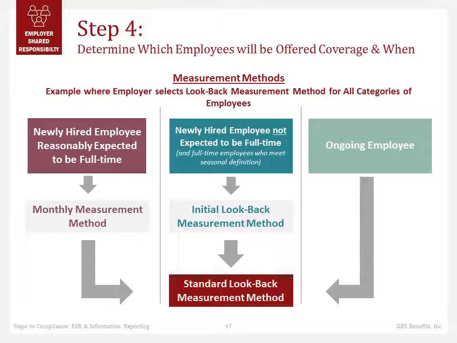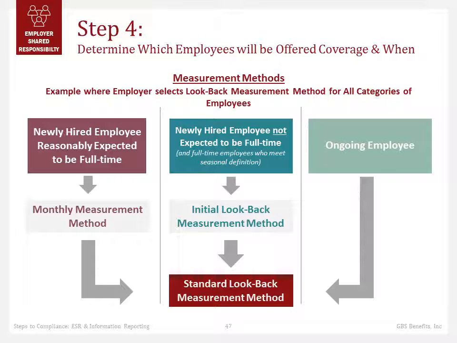So as soon as we get to November 1st, you're going to start tracking them on that method as well. So temporarily, you're tracking a newly hired employee reasonably expected to be full-time under both the monthly measurement method and the standard. And then eventually the monthly measurement method will be dropped off and you'll just keep them in the standard.